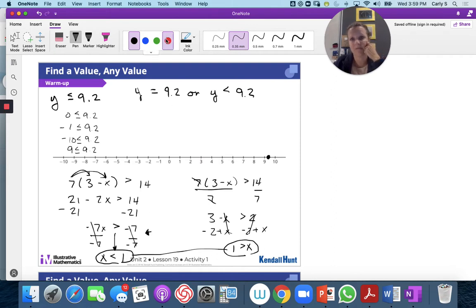Kind of annoying. Okay, let's plot this. So x has to be smaller than 1. It cannot be equal to 1, so I'm going to put an open dot there.